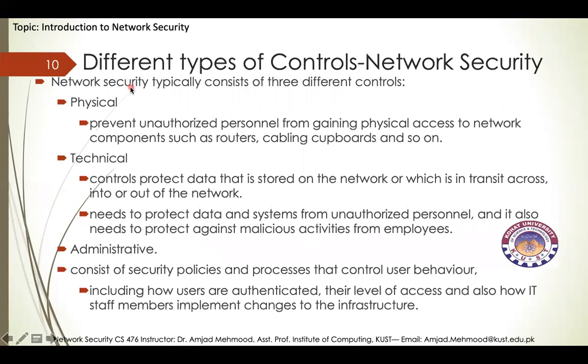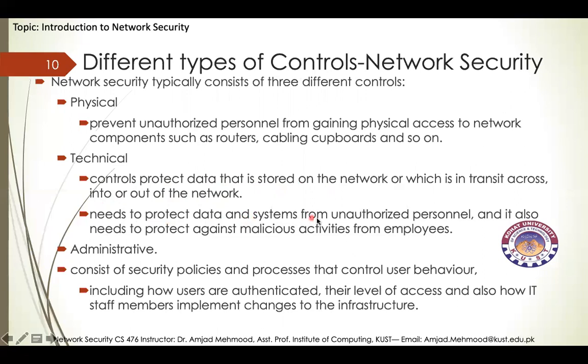These are the different controls for network security. The first one is physical control, which prevents unauthorized personnel from getting physical access to network components such as routers and cabling cupboards, and so on. Technical control protects data that is stored on the network or which is in transit across, into or out of the network.